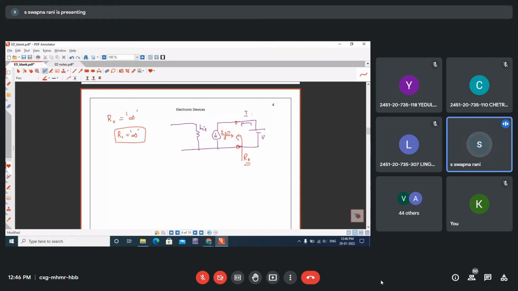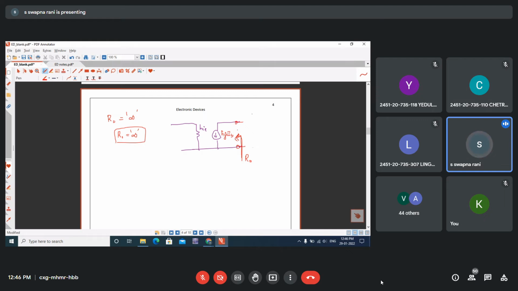Because all of you see here, you can say this in two ways. I have removed RL. After disconnecting RL, whatever the impedance you could see here, that is called the output impedance of the amplifier.